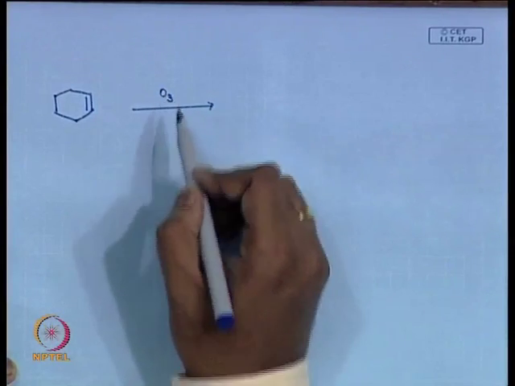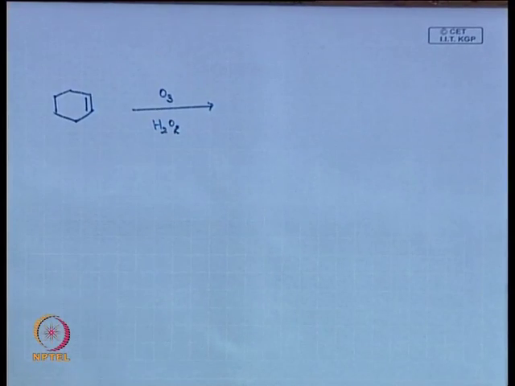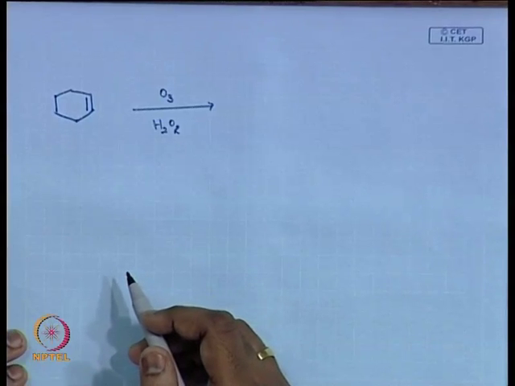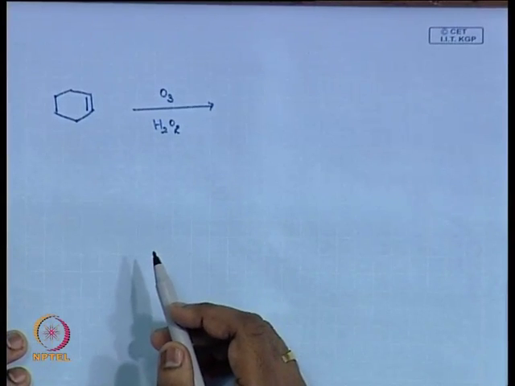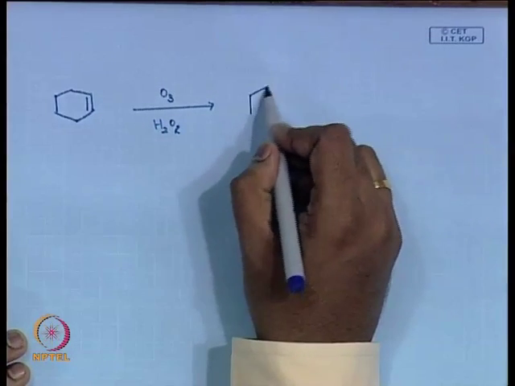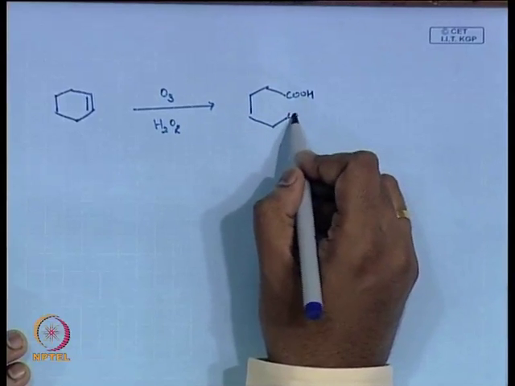If you do ozonolysis in the presence of hydrogen peroxide, what do you end up with? Simple, you get an acid, dicarboxylic acids.